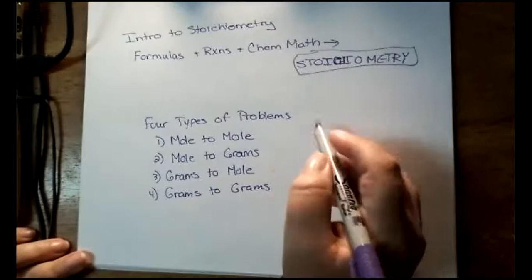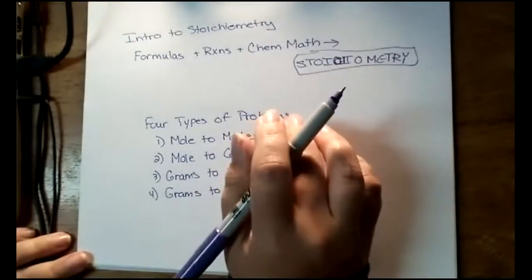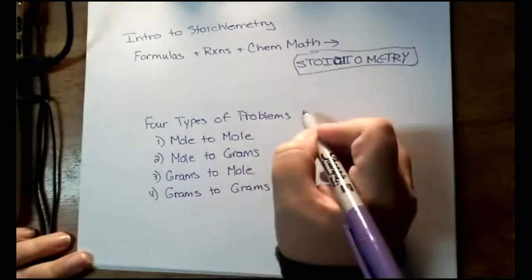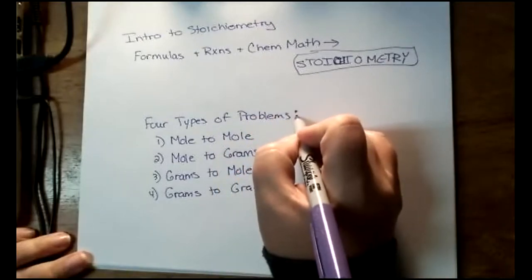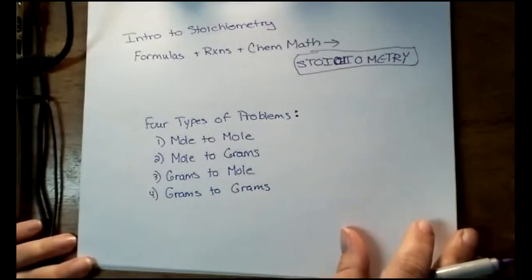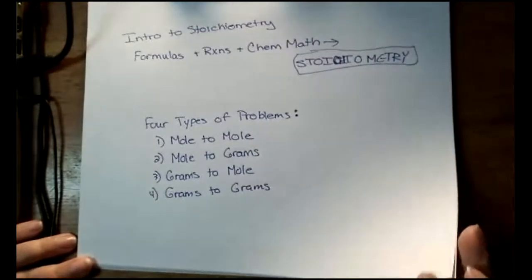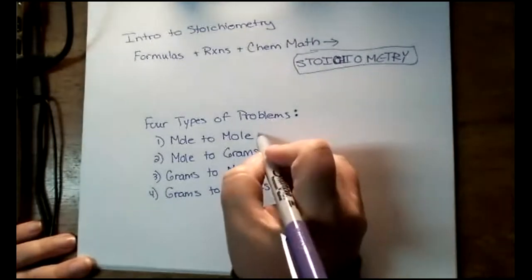So in stoichiometry, there are really 6 types of problems, but there are 4 basic types that we're going to begin with in this little video series. This is video 1 in the series, and today we're going to learn how to do mole-to-mole problems.